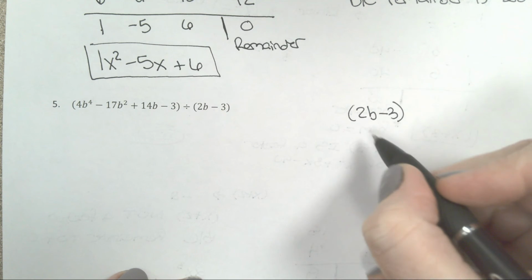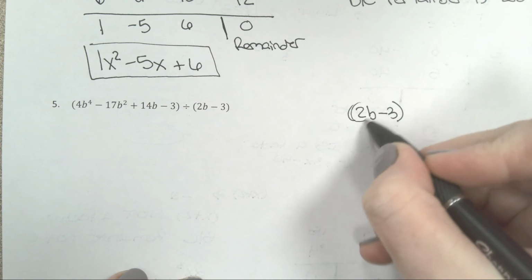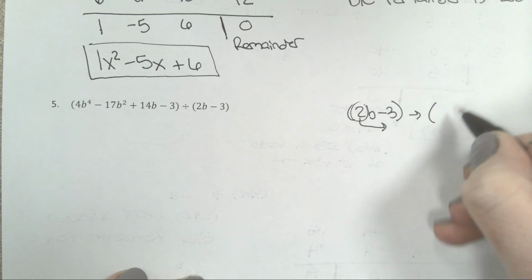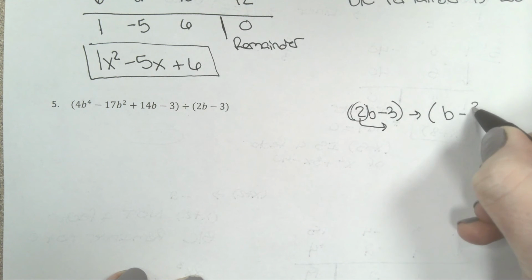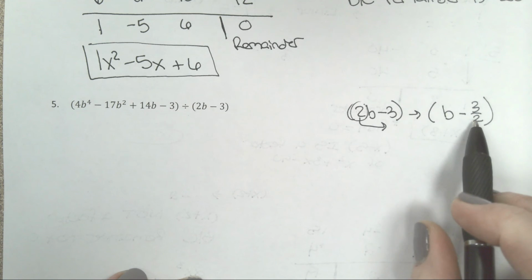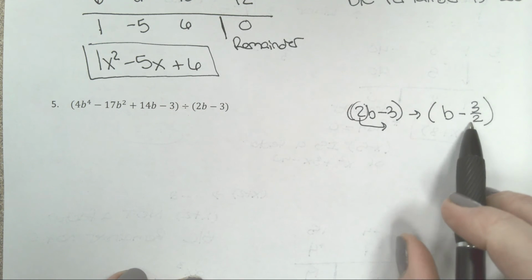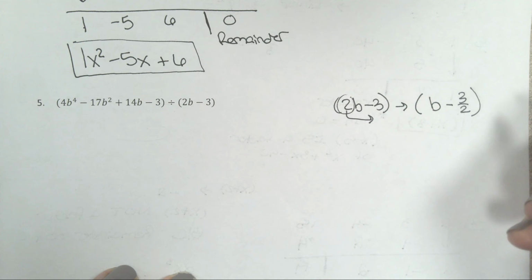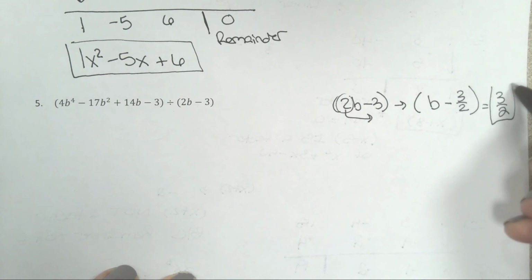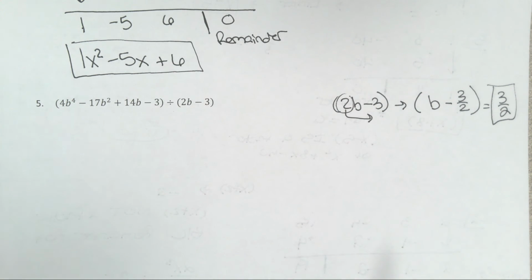Think of divide and slide, like reverse divide and slide. We're going to slide that to the bottom. So that would be the same as b minus 3 halves. If 3 halves is your factor, then that means 3 halves is my divisor that I'm going to use.